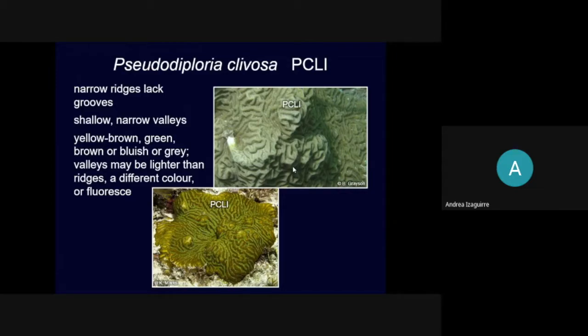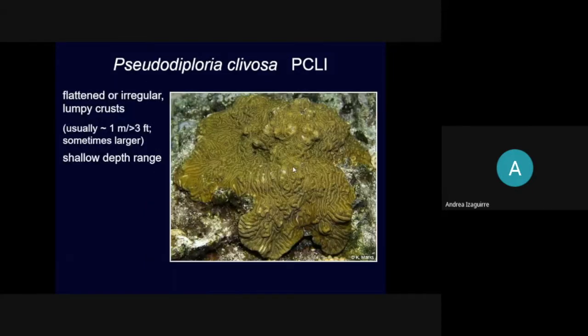Whereas all of the brain corals we saw before, this one is going to be a brain coral but with tumors. It's going to have quite a lot of little bumps, and it doesn't grow in that nice little round shape that we usually associate with brain corals.